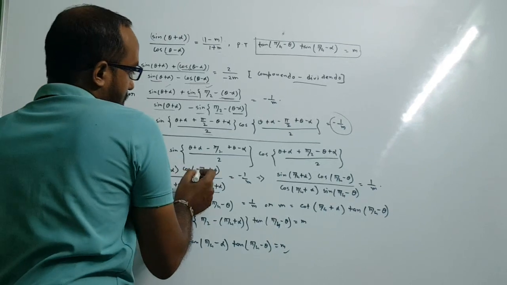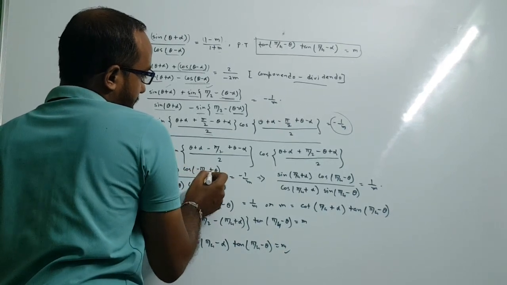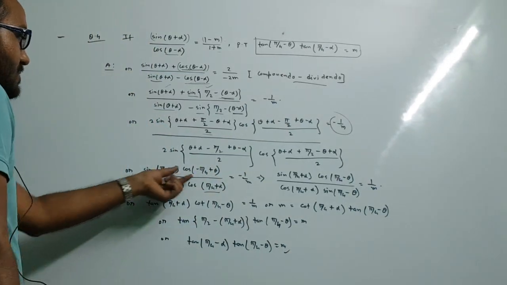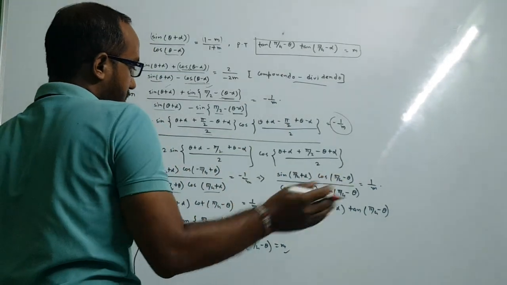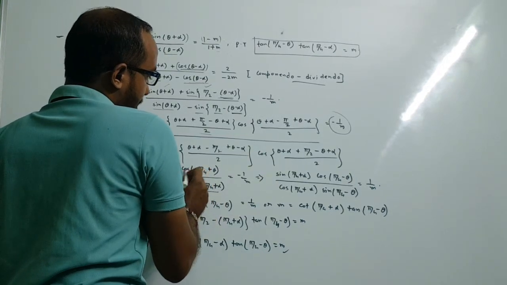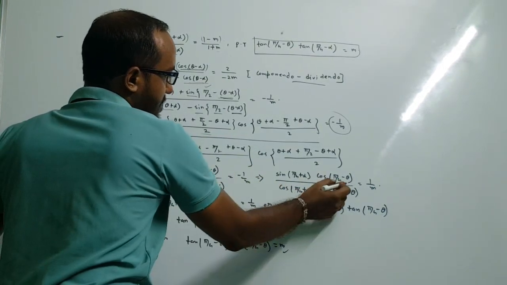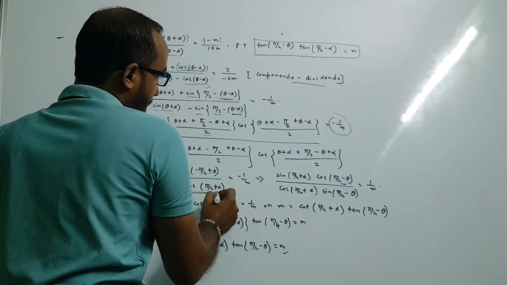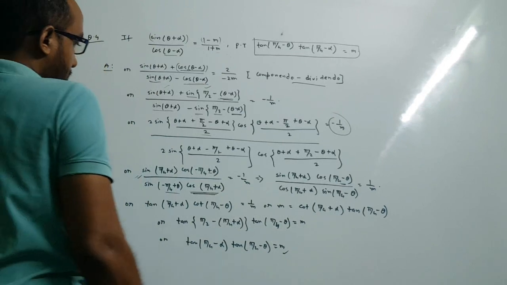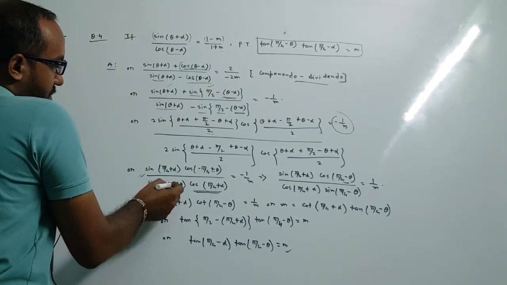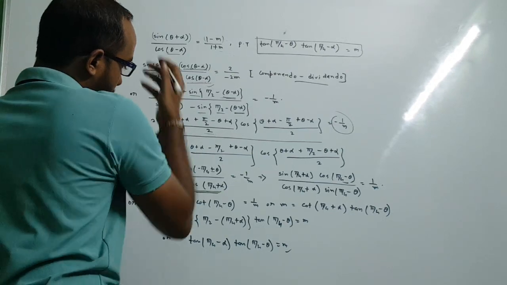After that, take minus common from cos of minus pi by 4 plus theta. So the negative will be absorbed in cos. Cos of minus theta is cos theta, we know. So minus of cos theta will be cos theta. So if you take the minus common, that theta would be minus, and sine of pi by 4 plus alpha, and take common minus from this.